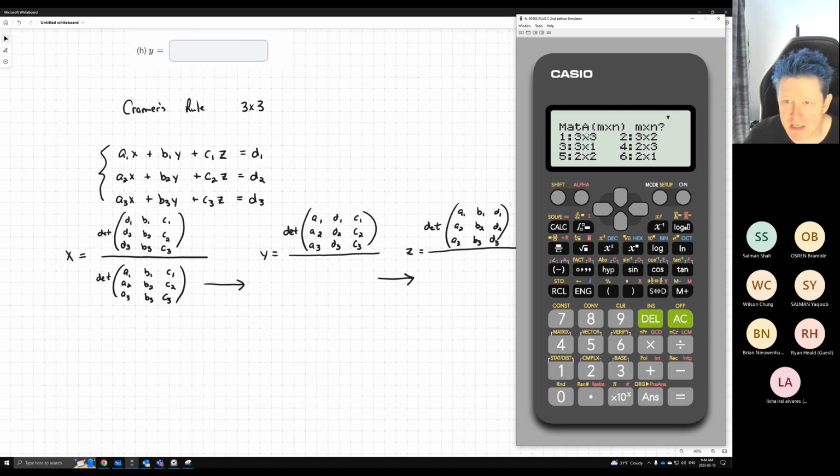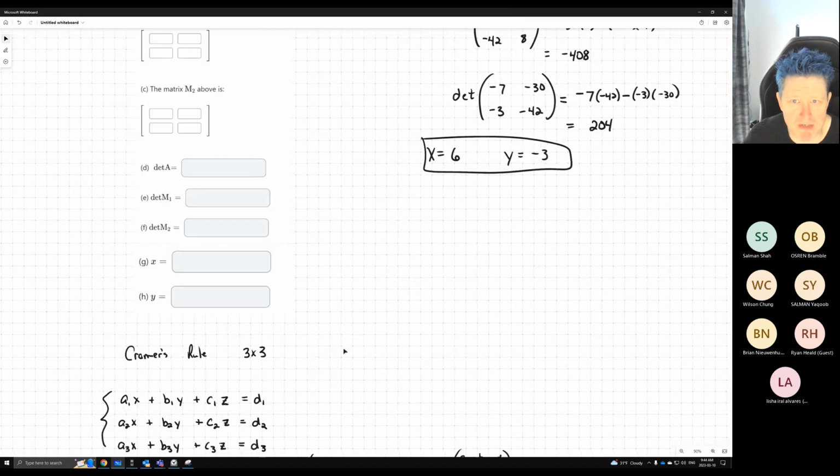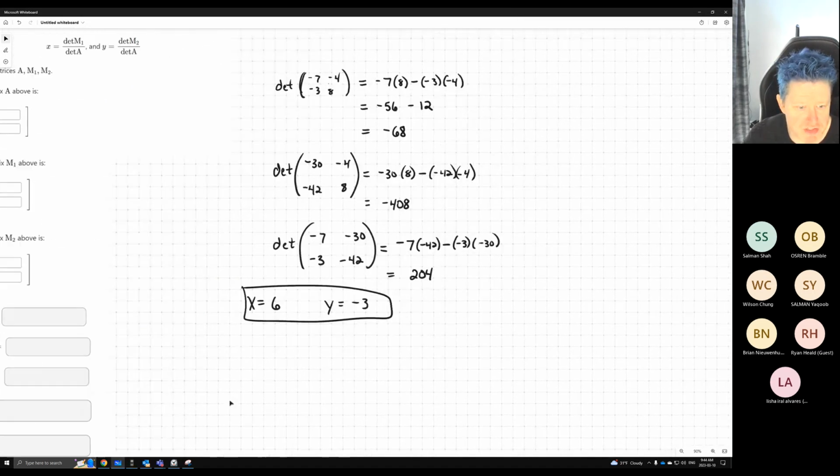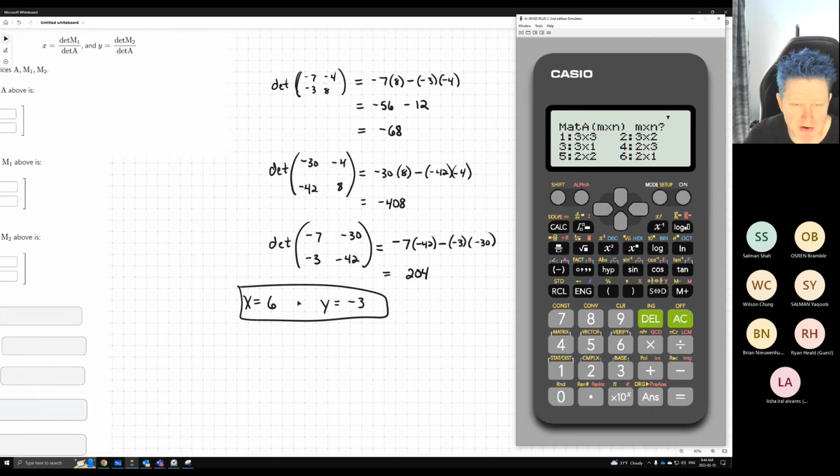Let's do one of the problems we just did with the calculator. Let's say we want to deal with this 2x2 matrix right here. I would use item number 5 in that case. And then you can just fill in your matrix an entry at a time.